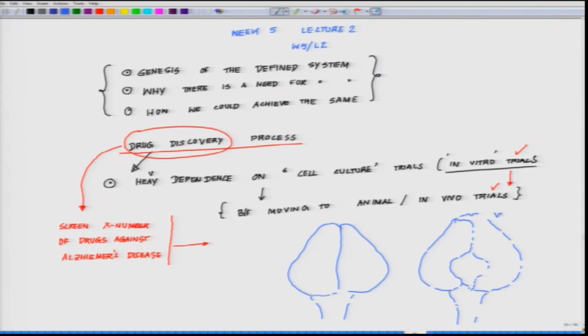This is the ventral, and this is dorsal, and out here, in a position slightly deep inside, lies the hippocampus.